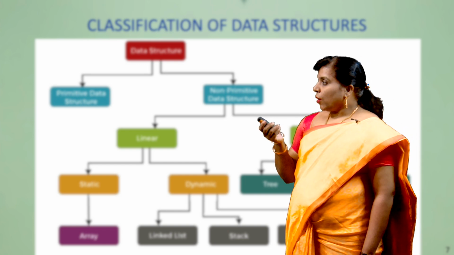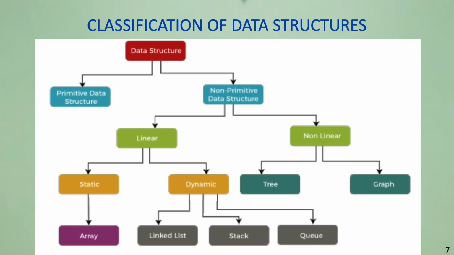We also call primitive data structures simple or single data structures. For instance, let us consider the programming language to be C. You have some built-in data types like integer, floating point, double, etc. All of them make up primitive data structures.